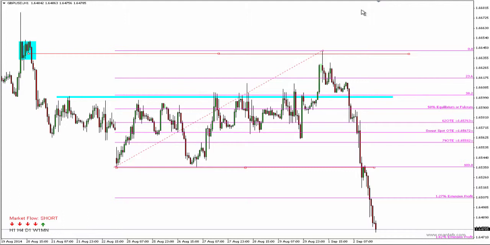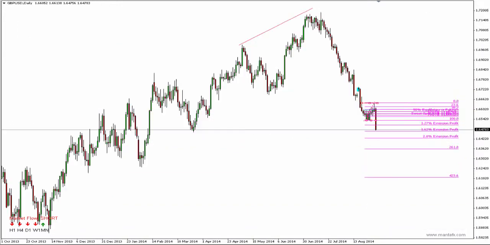They had special interest in that level, obviously, and yeah, I'm sorry, the 1.6700 round level is a very important level.